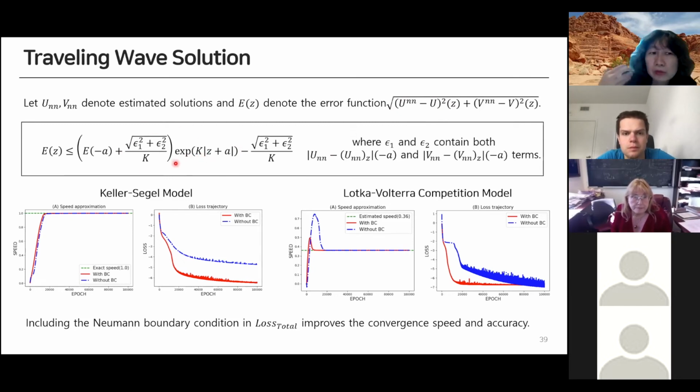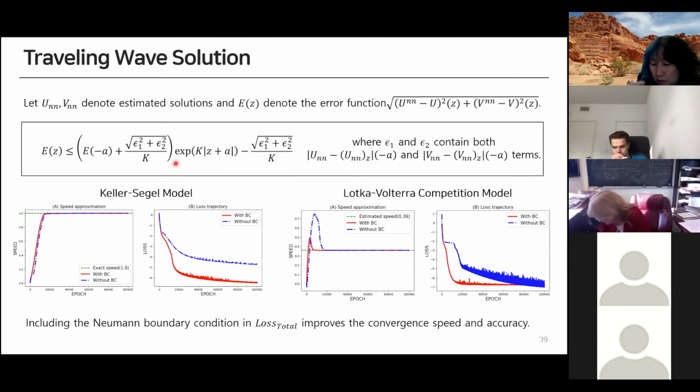We can not only say the approximate solution converges to the actual solution, but also find the upper bound for the difference between these two. Okay, good. I'm going to skip the proofs for this theorem anyway.